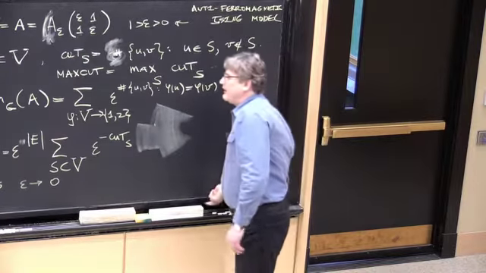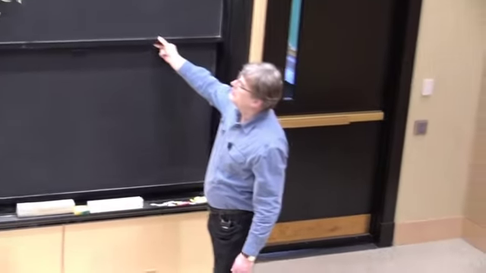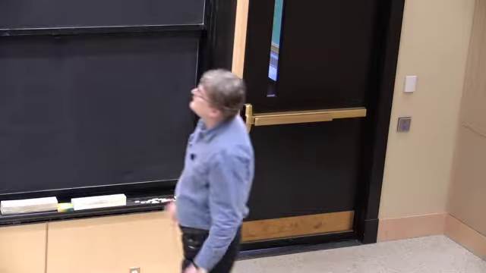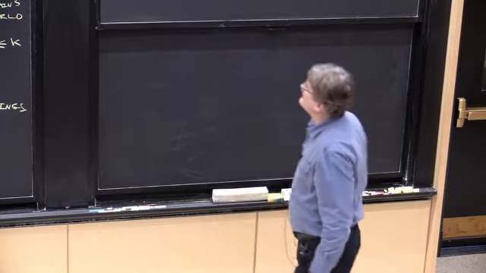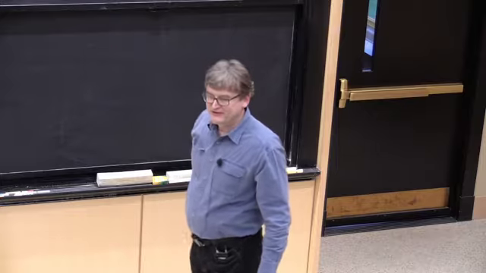So what happens here as epsilon goes to 0 is, I understand why I put negative, because I'll bring it to the other side in a second.